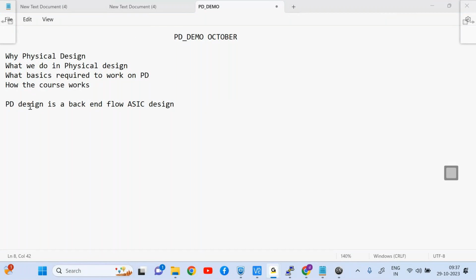So physical design is the back-end flow of ASIC design. Before seeing why physical design, first we will understand what is Foundry. Foundry is a place where IC, integrated circuit, is fabricated.